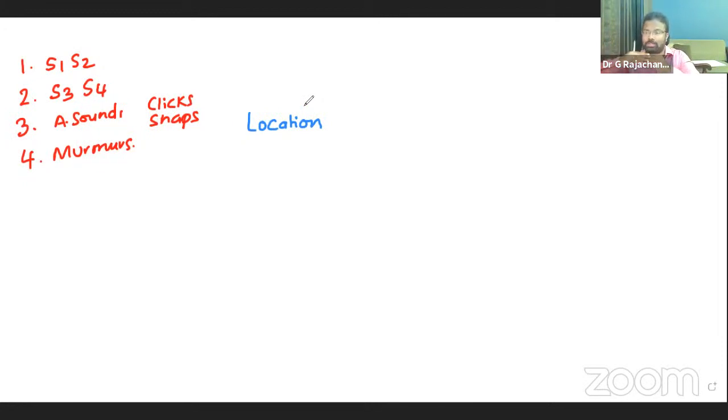The aortic area is not overlying the aortic valve. The aortic area is a place on the chest wall where it is best heard, best audible. Excellent, Sarika. But the aortic area is not present above the aortic valve. I hope it's clear now.